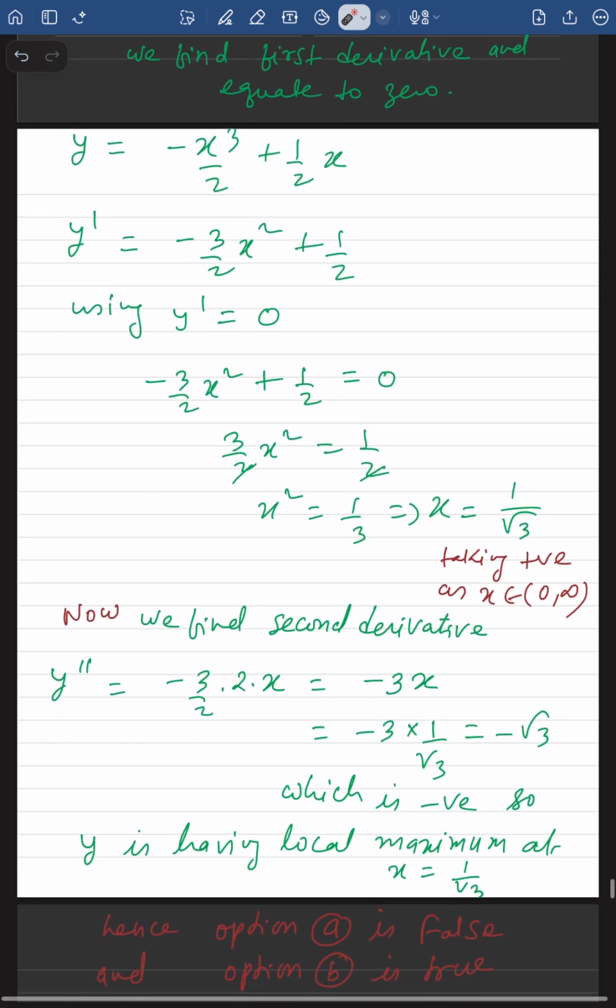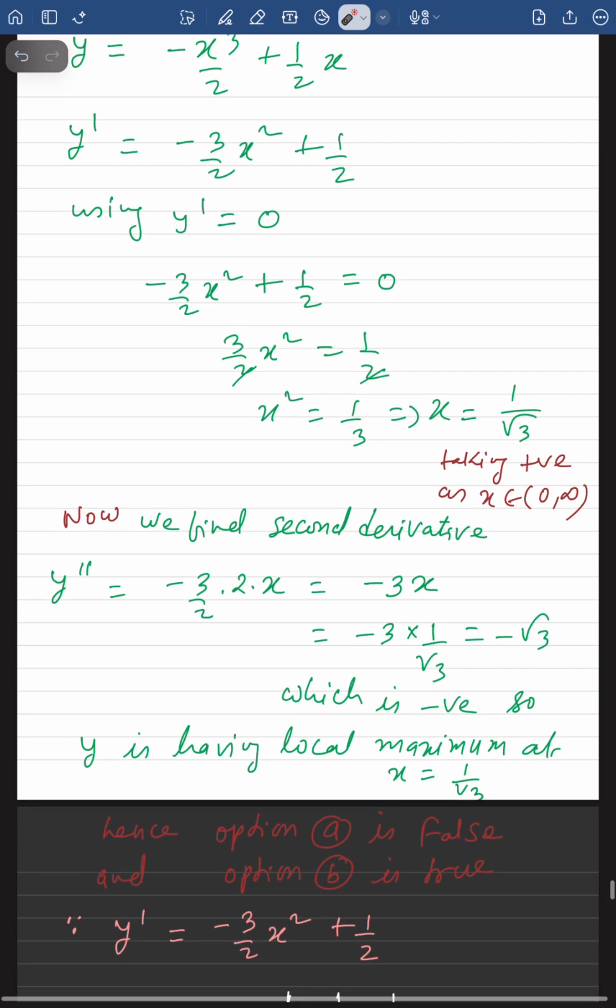Now we have to check for local maximum or local minimum, so we find the second derivative. If the second derivative is negative, it is the point of local maximum. If it is positive, it is the point of local minimum. So let us check y double dash. Double differentiation of y is minus 3 upon 2 into 2x, and the constant gives 0. The 2s cancel, so we get minus 3x.